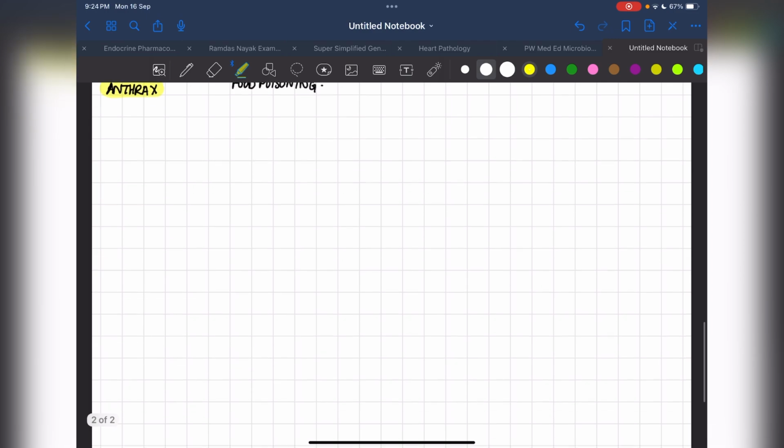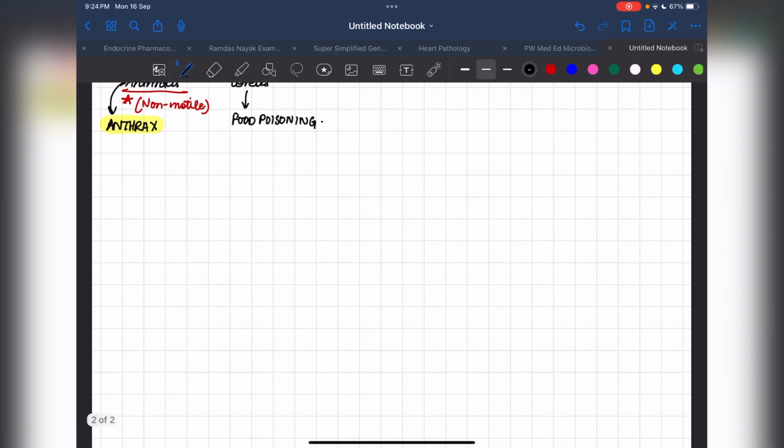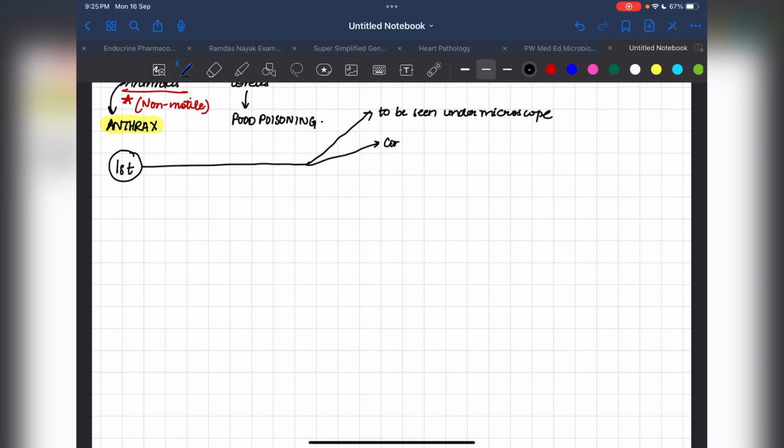This bacillus likes to come first, and I will tell you how. It is the first pathogenic bacteria to be seen under the microscope. It is the first communicable disease that is transmitted by infected blood.